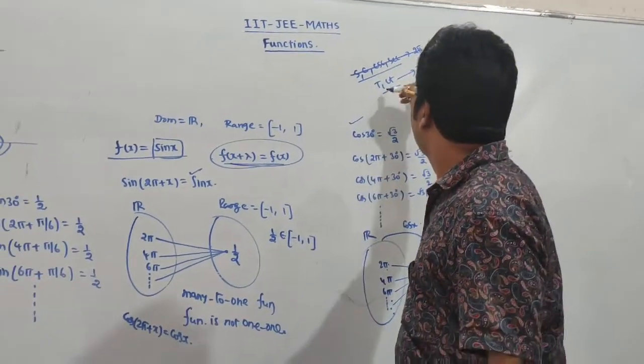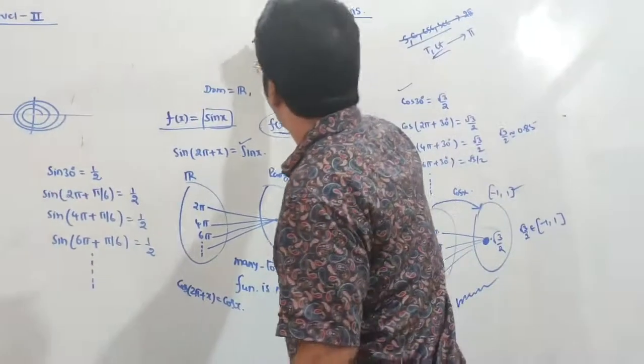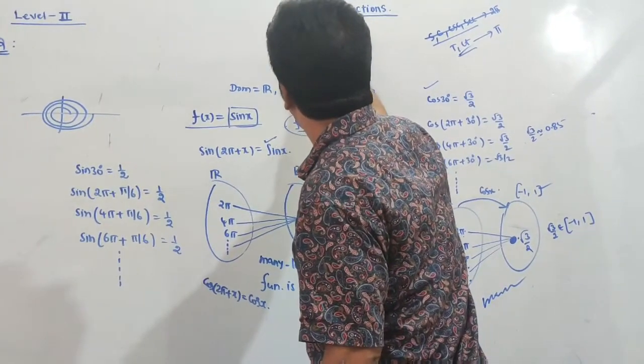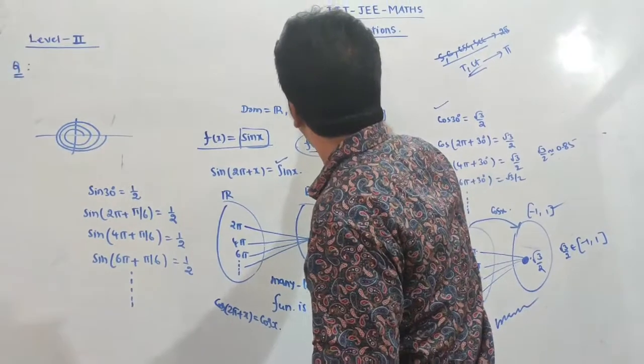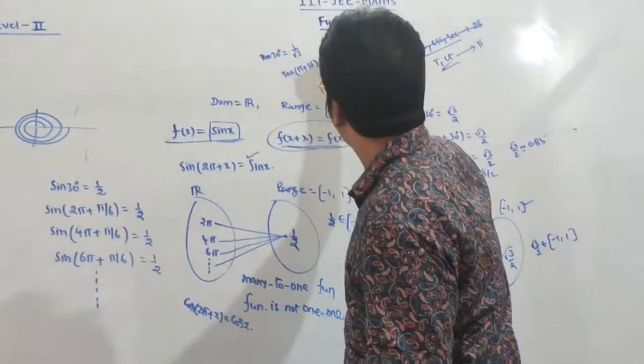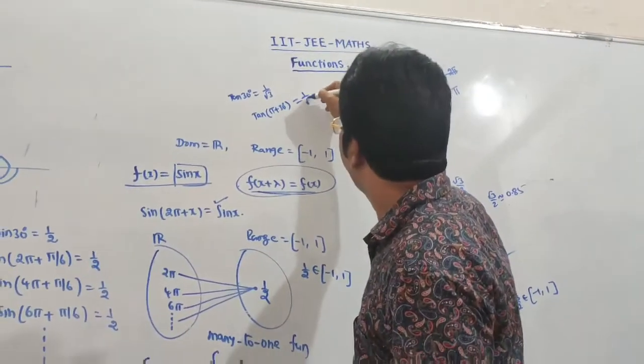Similarly, we can show this for tan. For example, tan 30 degrees equals 1 by root 3. Tan of pi plus 30 degrees is also 1 by root 3.